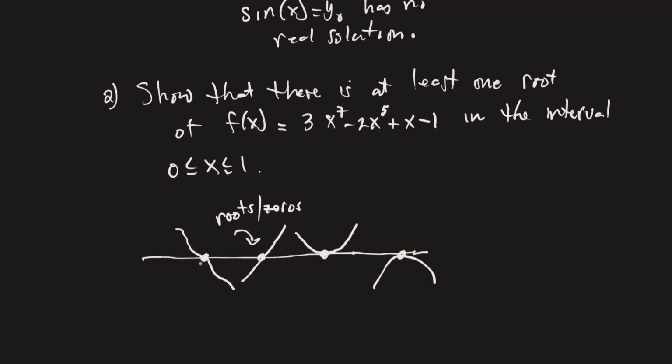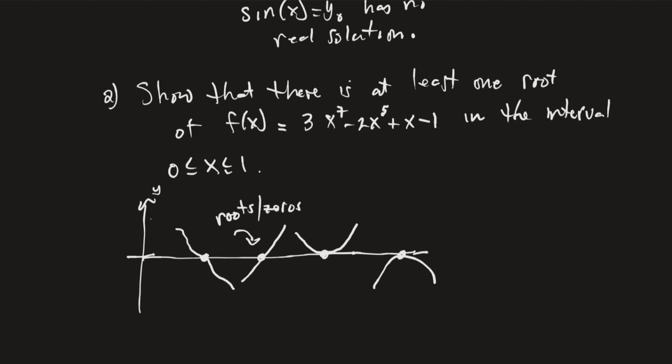Now, in certain cases, like these two, think of your y-axis there. When the graph is above the x-axis, that corresponds to positive values of y.